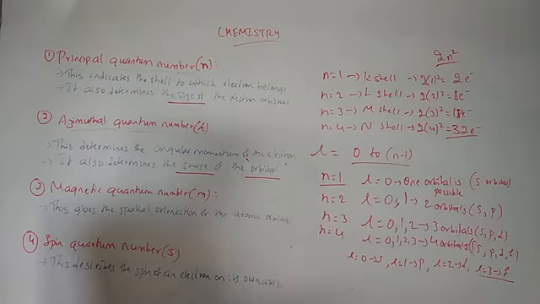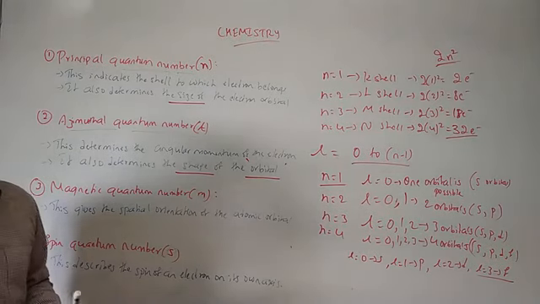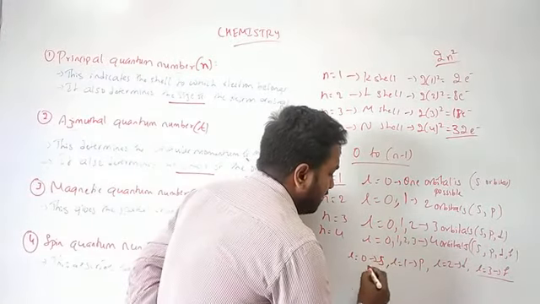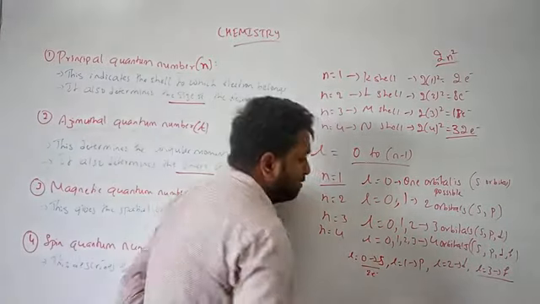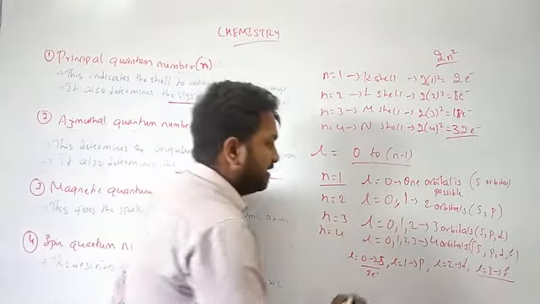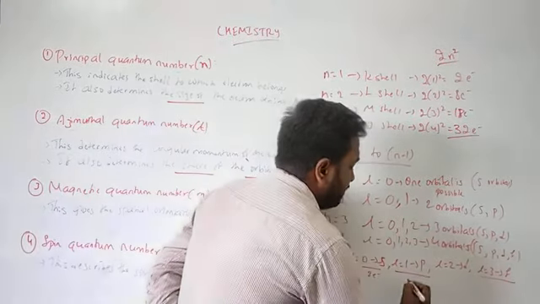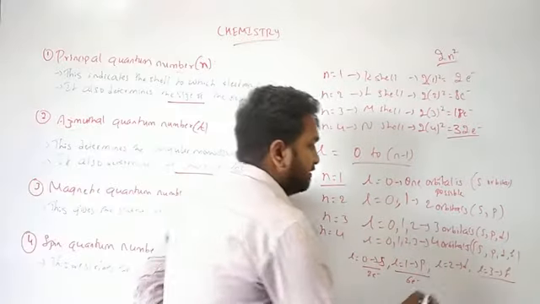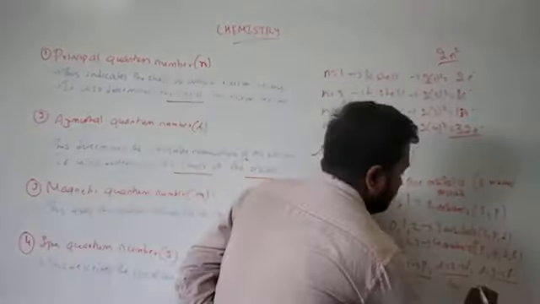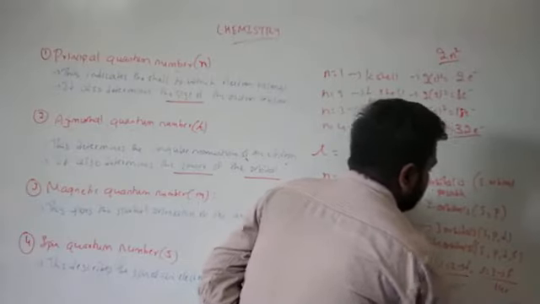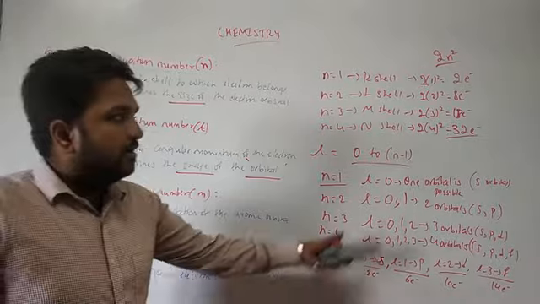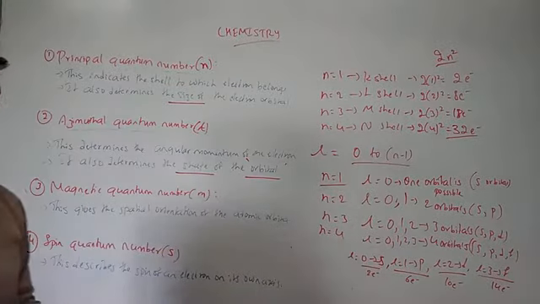So you know how many electrons can be accommodated in the S, P, D and F orbitals. In the S orbital, we can have 2 electrons maximum. In the P orbital, 6 electrons at the maximum. In D orbitals, 10 electrons at the maximum. In the F orbital, 14 electrons at the maximum. So you can compare with the values of this also.